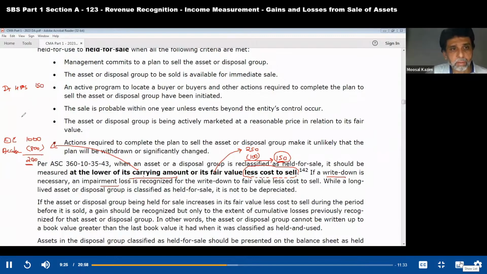Yeah, it is actually the lower, okay? And then you would actually debit the loss due to impairment, right? Which is actually 50, right? 200 minus 150. So that is the loss of impairment. Okay, so that would be 50.